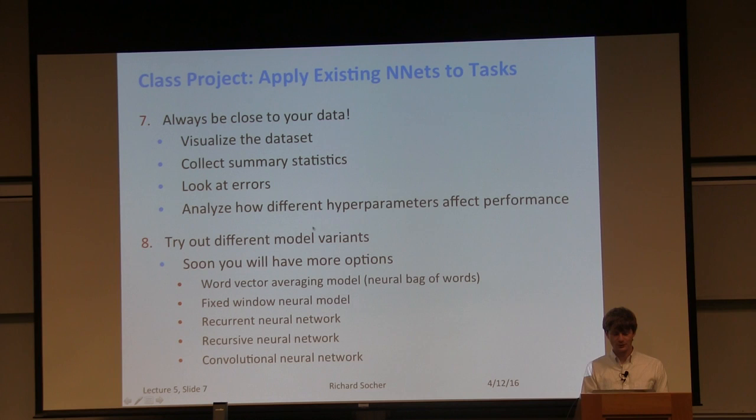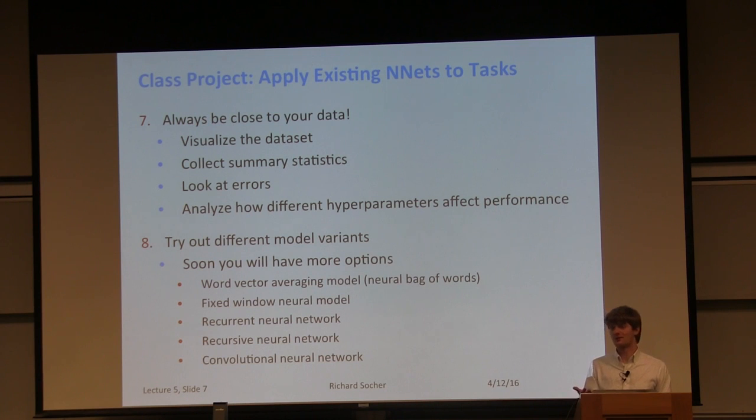And very importantly also, you want to analyze how the different hyperparameters affect your performance. These are all standard things that we will check off as we look through your final project report. So I encourage you to go through these steps in your project. For instance, we already know a couple of hyperparameters like word vector size. The hyperparameter could also be the size of your training data.